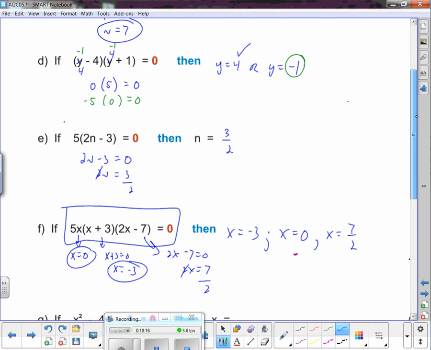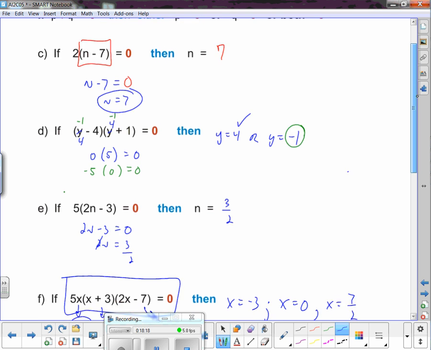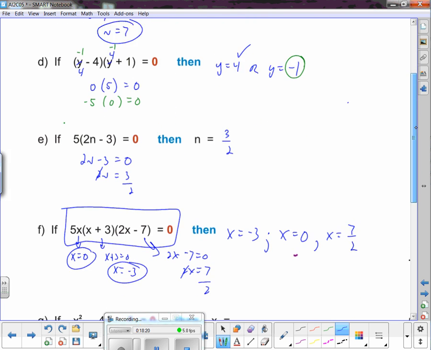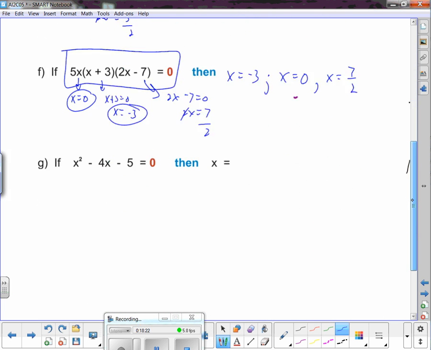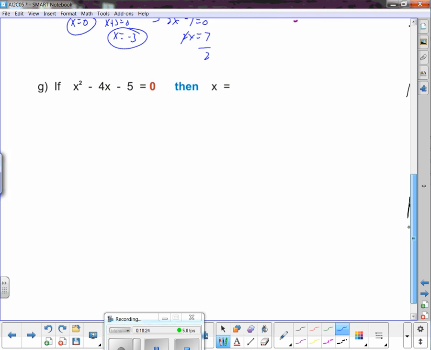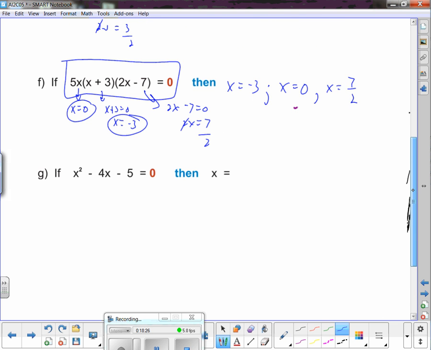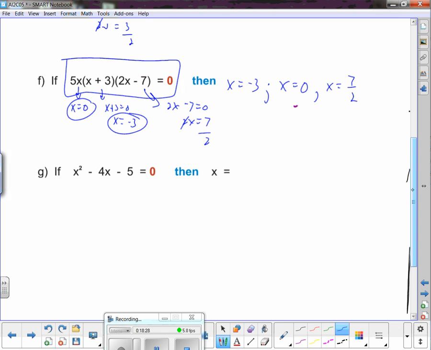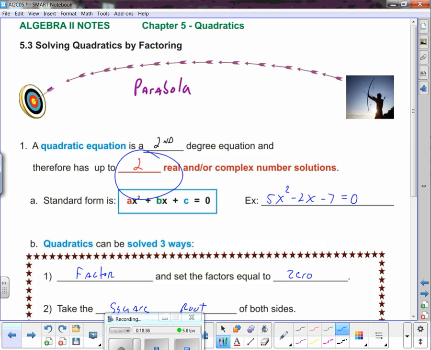So what's different about the looks of all these, of C and D and E and F and G, Luke? They are all multiplied. So let's use a different word. What do I have to do to this? How about the title of the lesson?